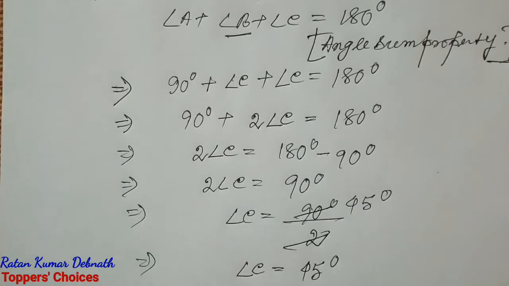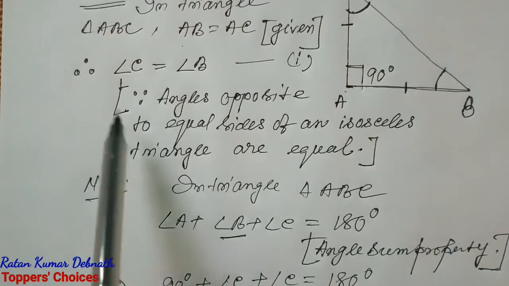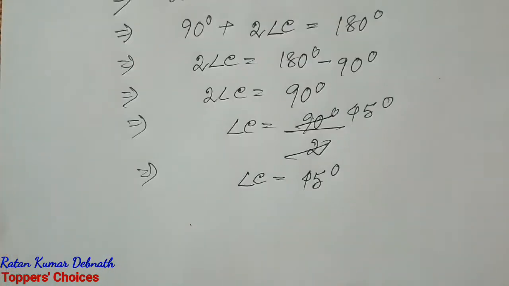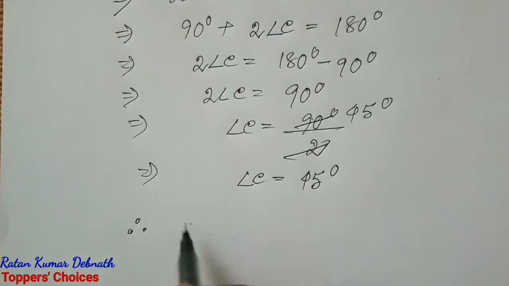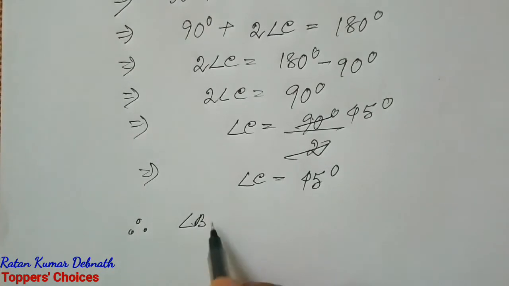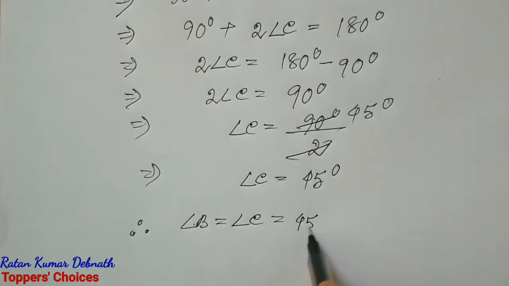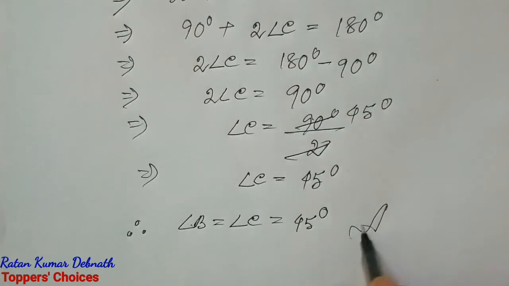So we obtain C equals to 45 degree. We already showed that angle C equals to angle B. Therefore we can say angle B equals to angle C equals to 45 degree.